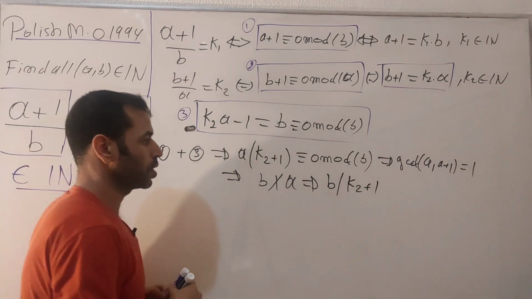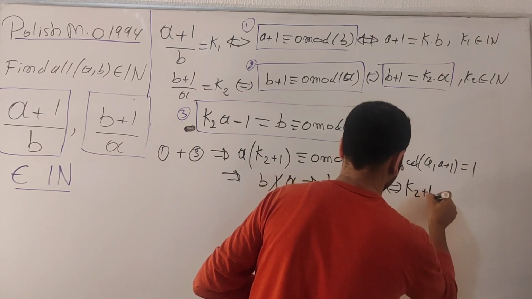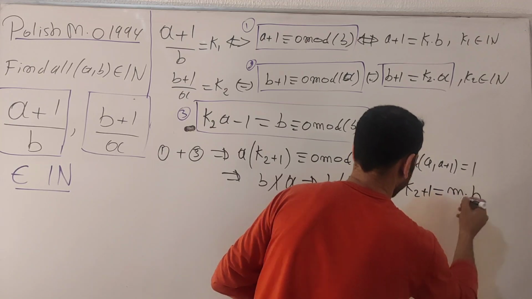According to the divisibility statement, K2 plus 1 equals M multiplied by B.